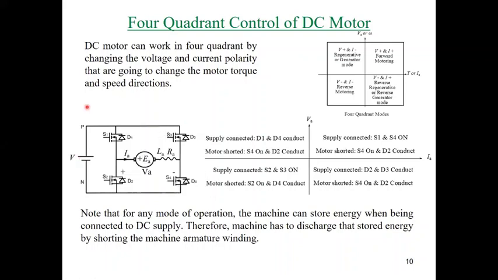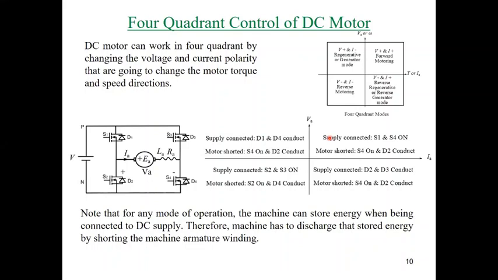The aim of this circuit is to reverse the current and voltage polarity on the terminals of the DC motor. So if we are going to work in mode 1, forward mode, we need to apply this sequence of switching in order to operate the machine as a DC motor in forward motoring.